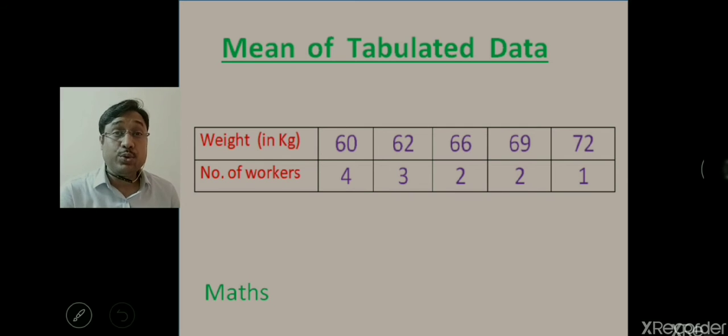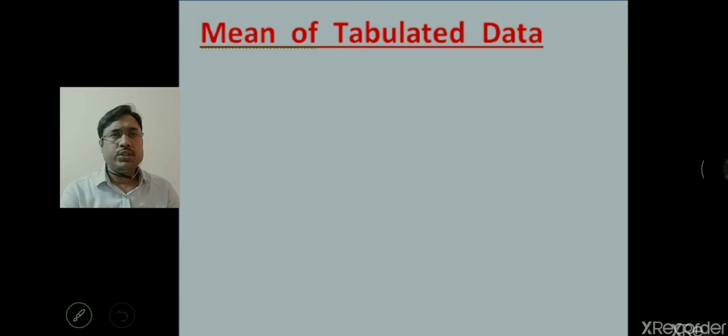The 62 kg workers, those whose weight is 62 kg, are 3 in number. Similarly, 66 kg workers are 2, so 2 is the frequency of 66 kg, because it occurs 2 times. Now we will see the question.